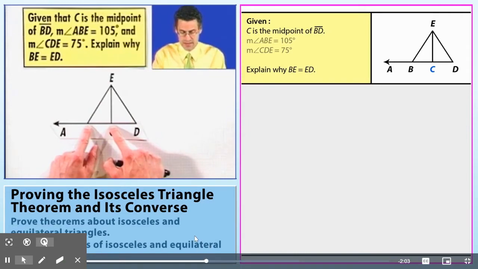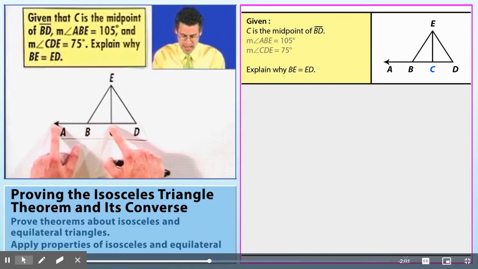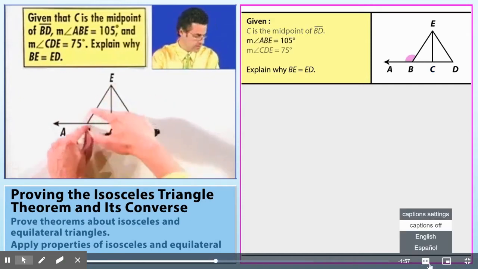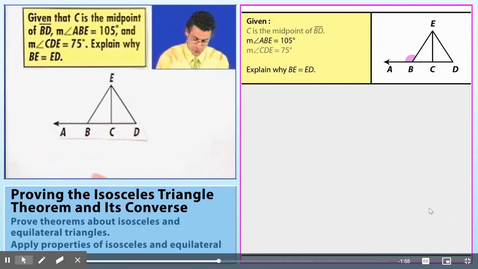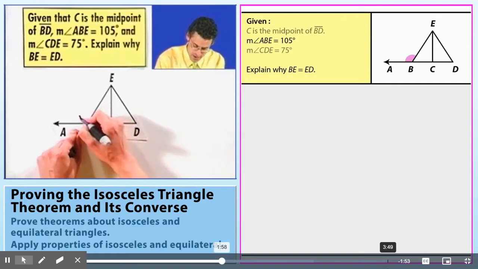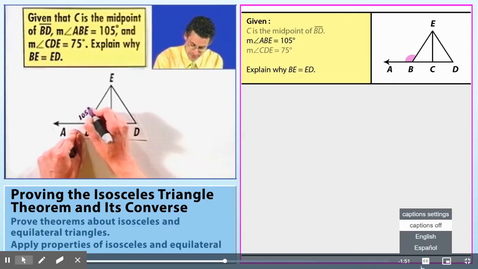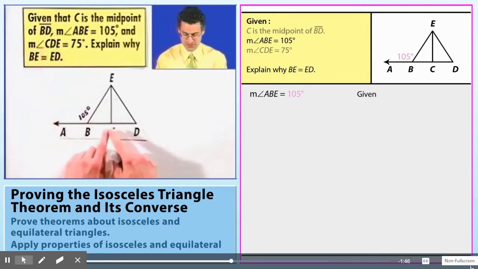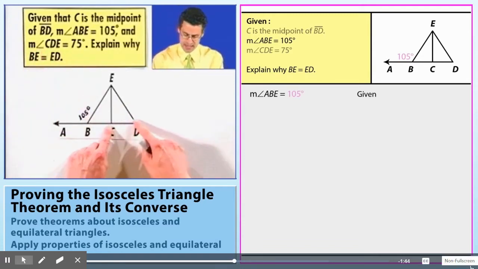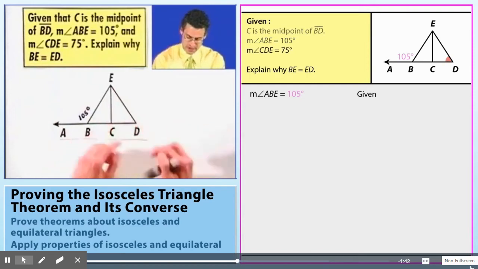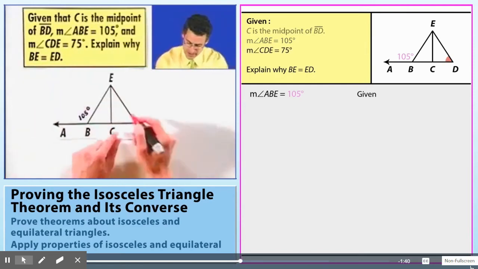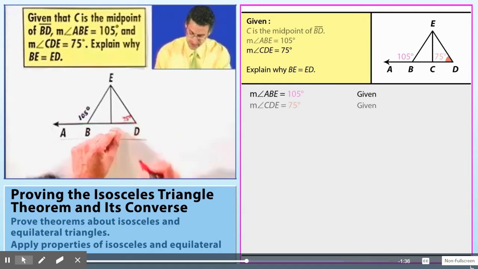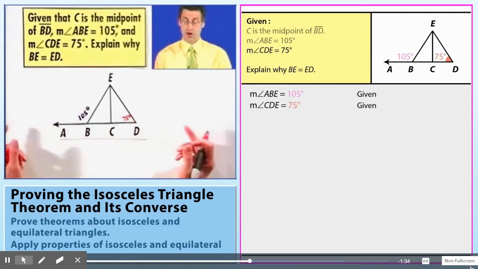Then we know that the measure of angle ABE, that big obtuse angle right there, is 105 degrees. And we know that the measure of angle CDE, that little angle right there, is 75 degrees. Write that right in there. And that's all we know.